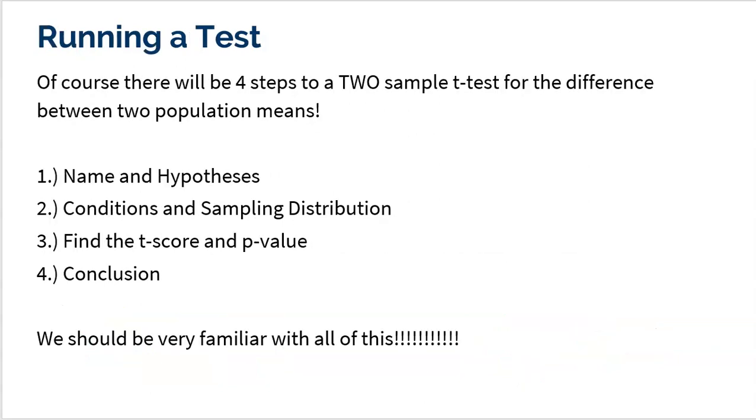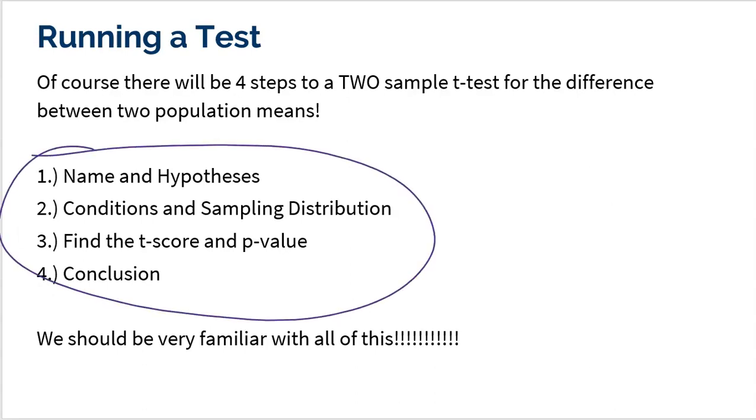It's called a two-sample t-test for the difference between two population means. And of course, to complete all of this, there are 4 very well-known steps. Name the test, give the hypotheses, check the conditions and build that sampling distribution, find the t-score and the p-value for our difference, how special or unspecial our difference is, and then give a conclusion.